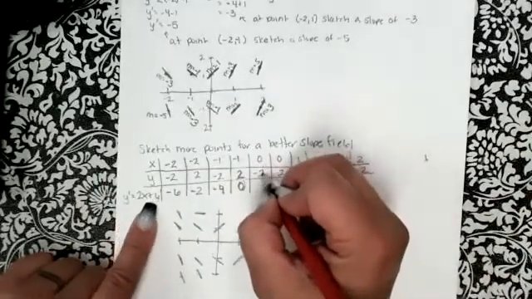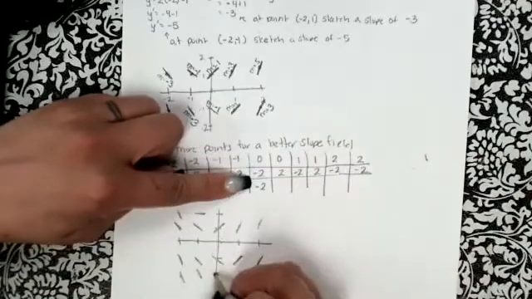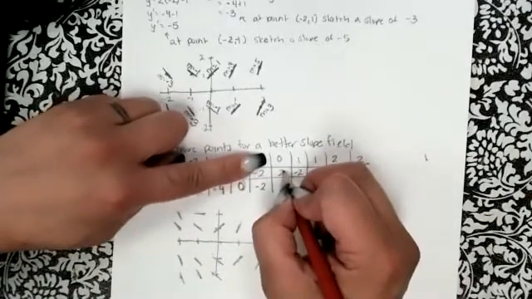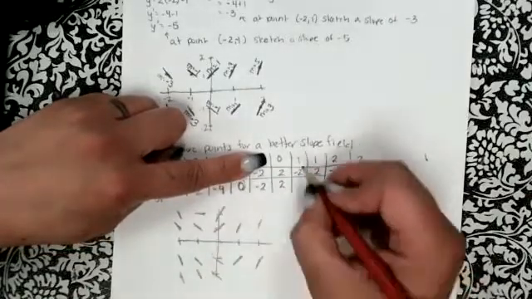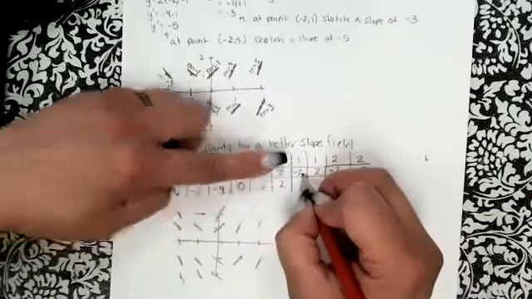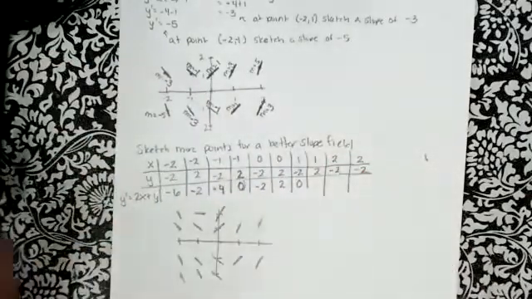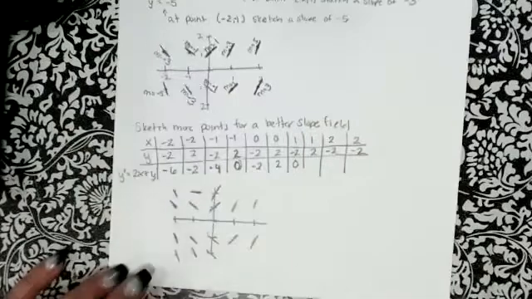When I plug in 0 here, that's going to be a negative 2. So at 0, negative 2 is going to be negative 2. At 0, positive 2, that's going to be a positive 2. 1, negative 2, that's going to be 2 minus 2, which is a 0. Sorry. All right.